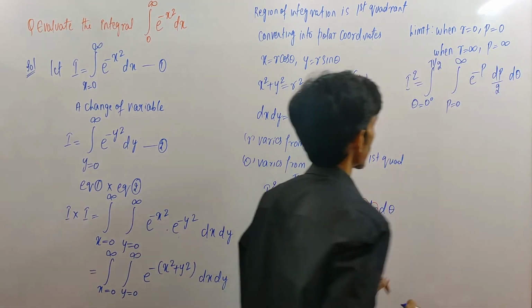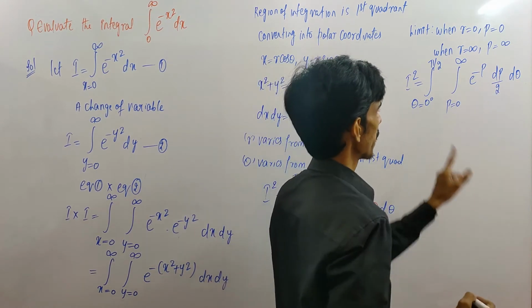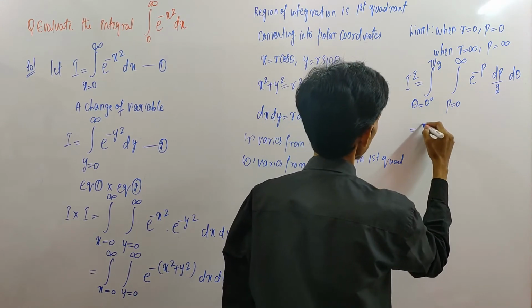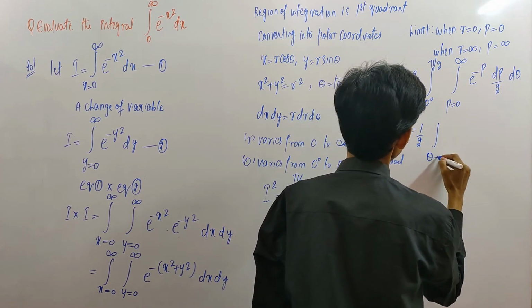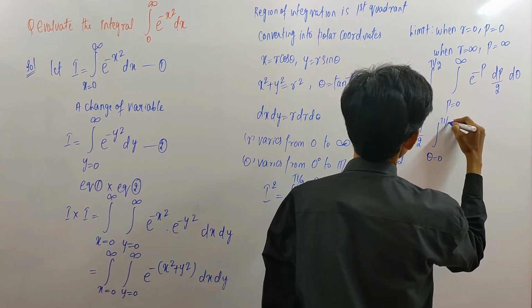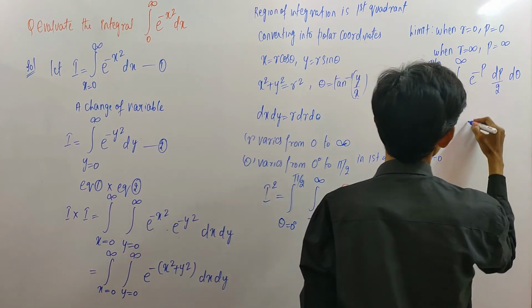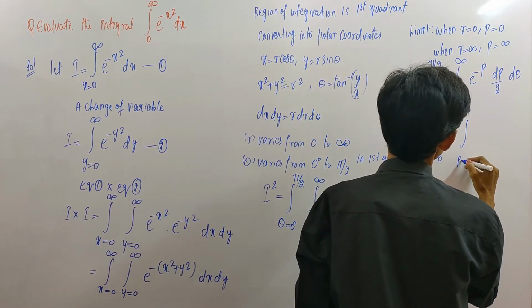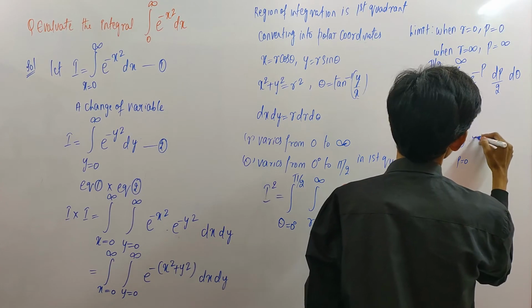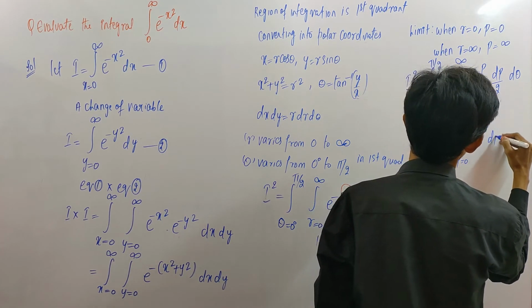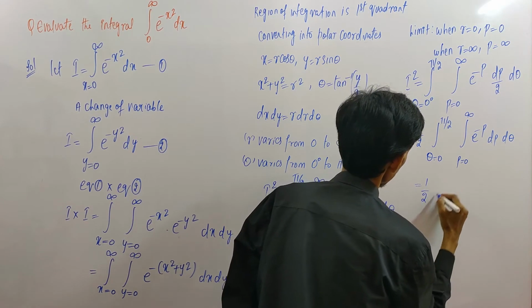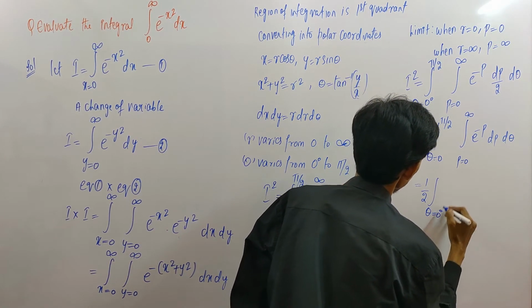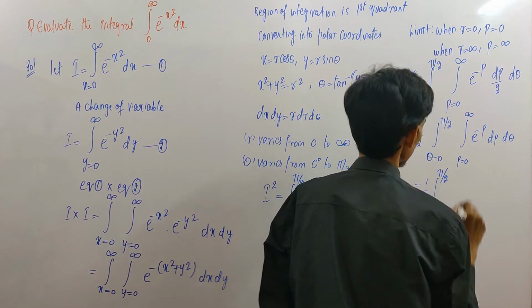Now 1 by 2 is independent of this integral, so take 1 by 2 outside the integral, integration theta equal to 0 to pi by 2. Now we have integration p equal to 0 to infinity e power of minus p dp d theta, that is equal to 1 by 2 integration theta equal to 0 degree to pi by 2.